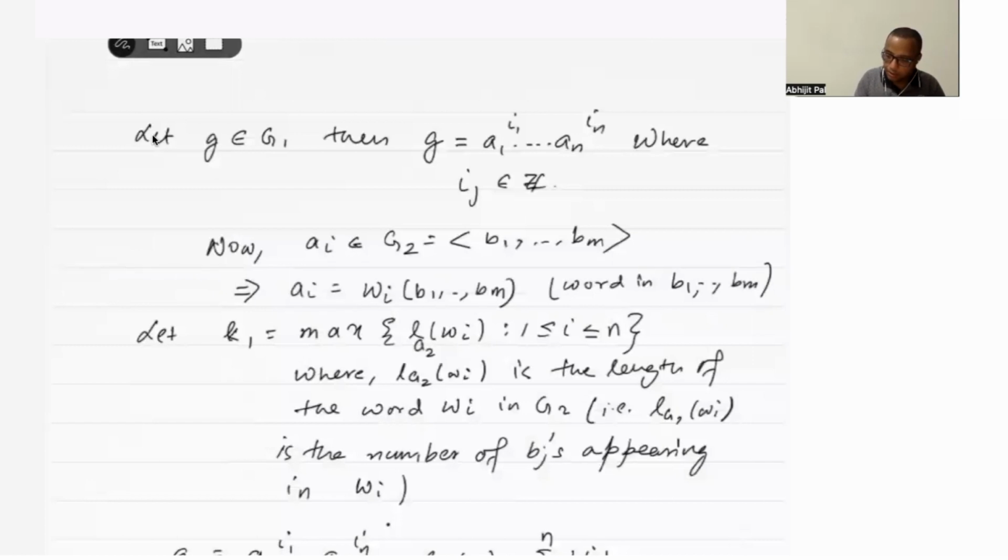Then g is equal to A1 to the power i1 dot ... AN to the power iN. So this group G1 is generated by A1, A2, ..., AN, so any element of G1 can be expressed as a product of these Ai's. That is what I have written here.